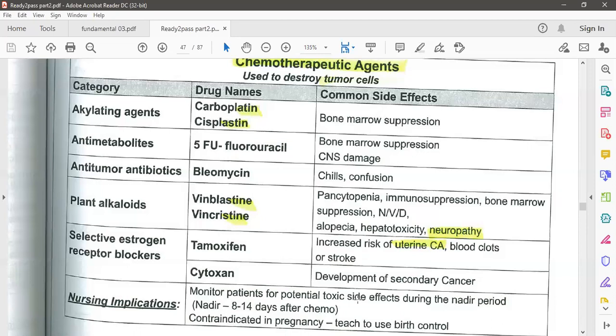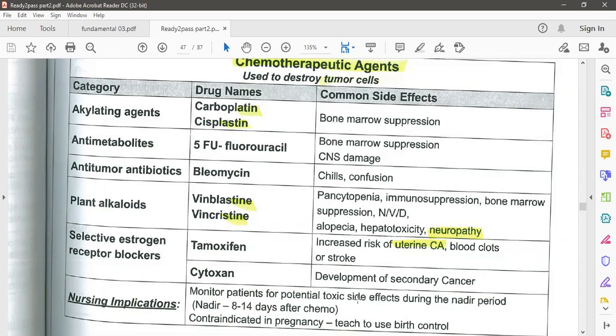So now I'm going to share some basic information about the chemotherapeutic or antineoplastic agents or medication that is frequently asked on the NCLEX board. Keep in mind, if your patient should take the chemotherapeutic agents, as an LPN or RN or healthcare provider, we should always monitor the patient's body weight.